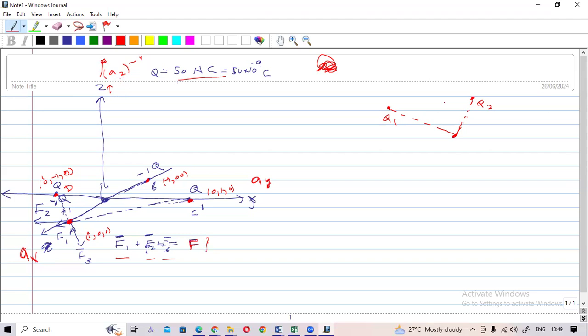AZ. Okay. So if you consider normal Coulomb law, okay, so this is the origin, and here you have a charge, here you have another charge. So you need to find the force from this to this, from this to this. So let's say this location is R1 and this location is R2.